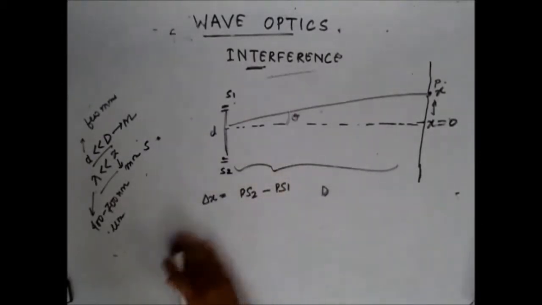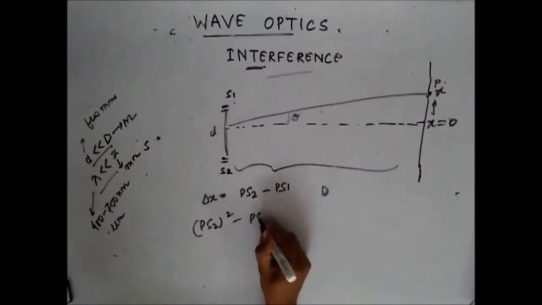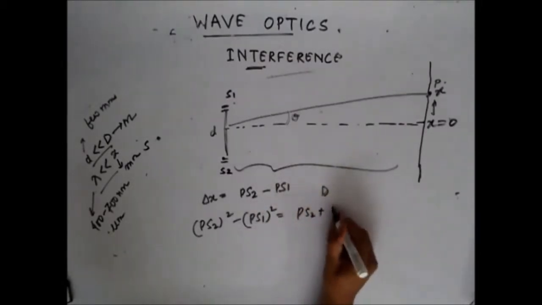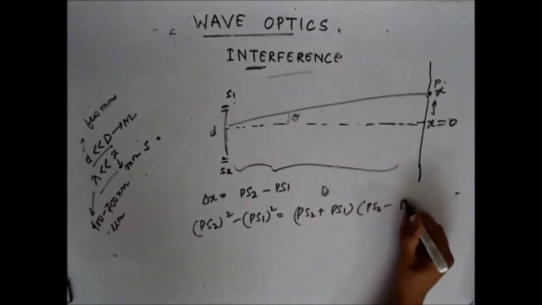Let's find delta x. Now you know that PS2 square minus PS1 square is PS2 plus PS1 into PS2 minus PS1.